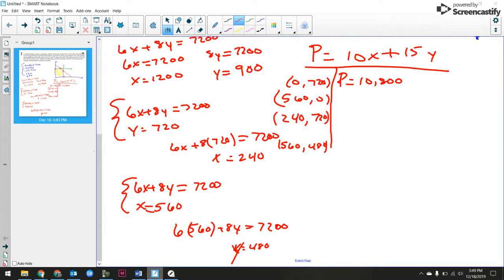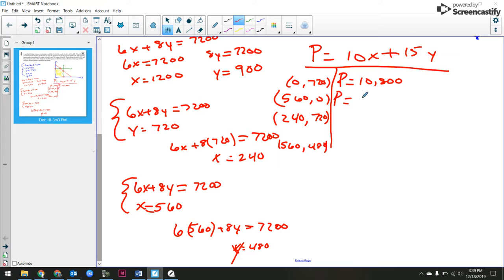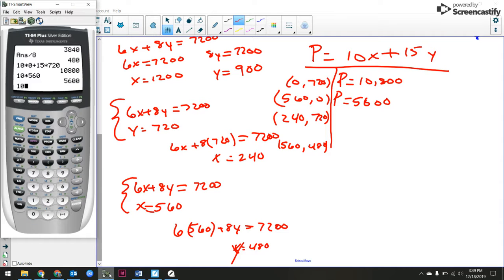I plug in 560 and get 10 times 560 plus nothing, which is $5,600. Here, 10 times 240 plus 15 times 720 is 13,200.